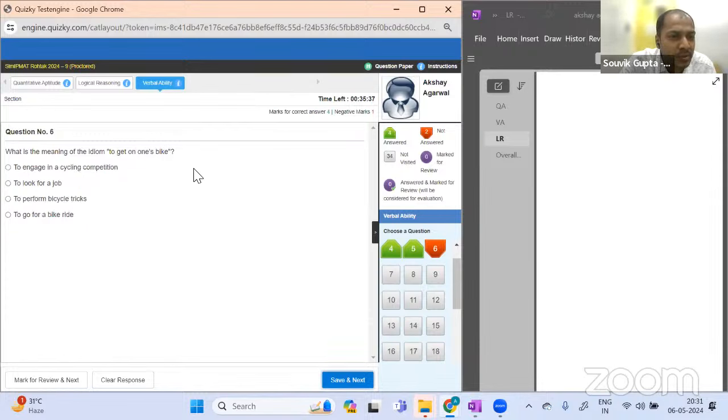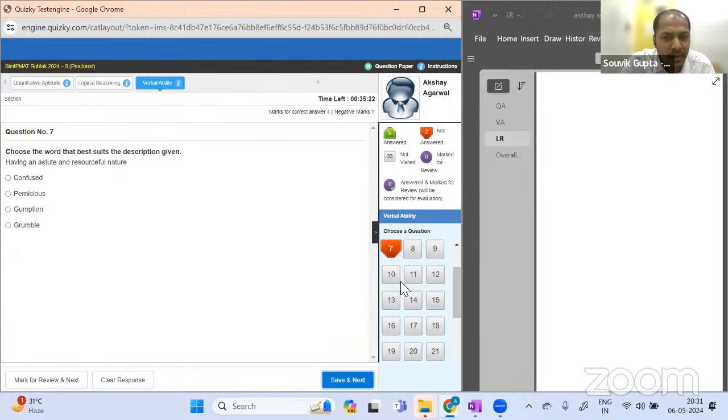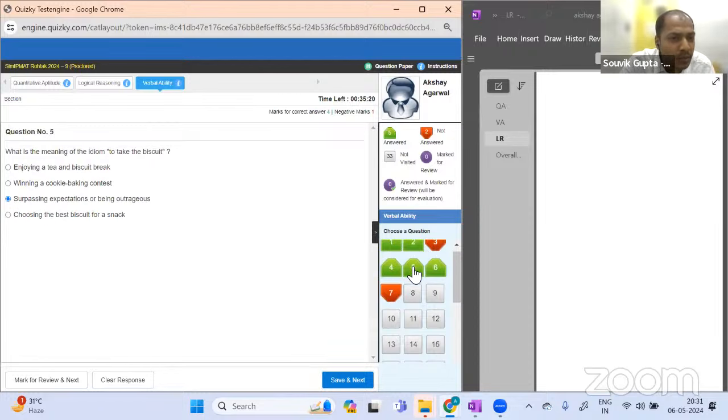What is the meaning of the idiom to get on one's bike? To go for a bike ride. Okay. And still you go back to that biscuit.